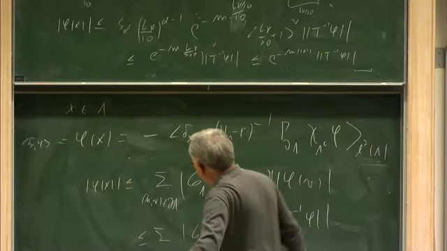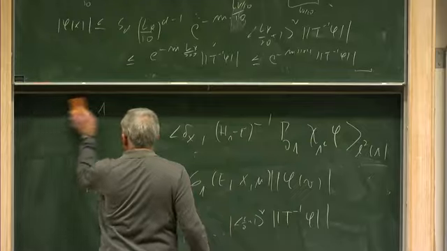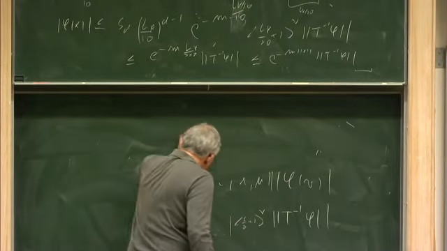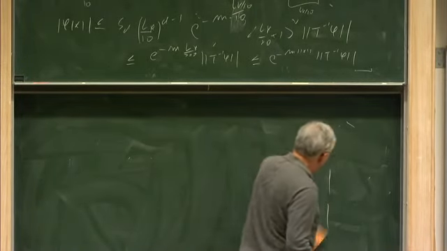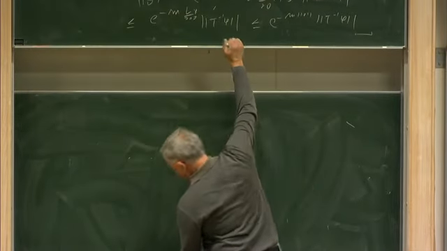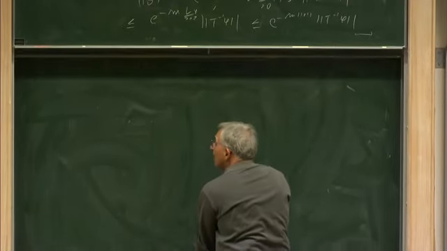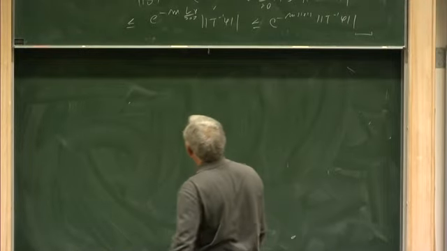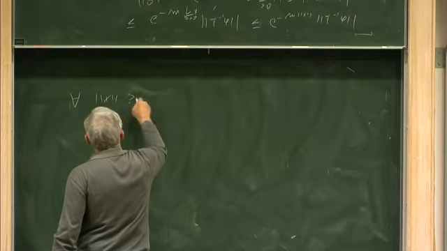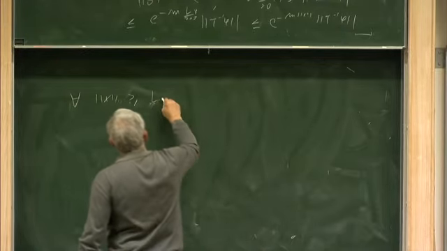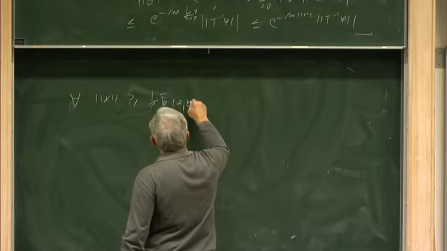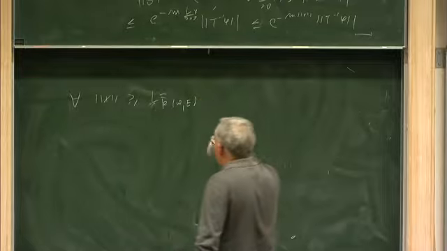So what we concluded is that for every x bigger than or equal to some number Lk, and this depended on omega and depended on the energy, depended on nu, but nu is a fixed parameter.